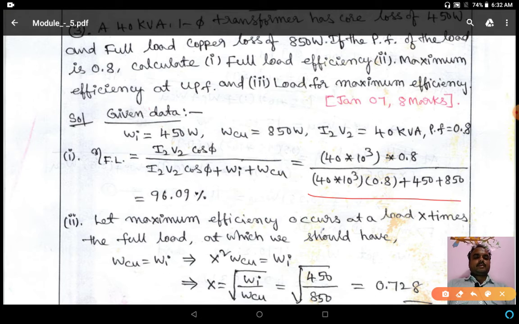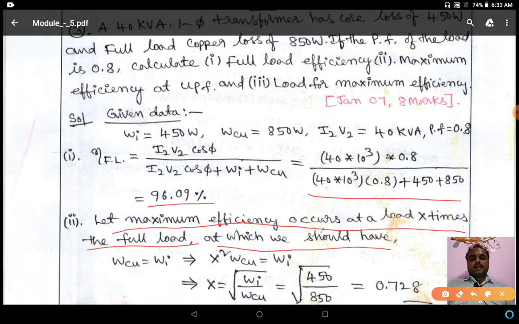So substituting we will get 96.09%. Let maximum efficiency occur at a load x times the full load, at which we should have Wcu is equal to Wi. So the maximum efficiency condition is copper loss is equal to iron loss.